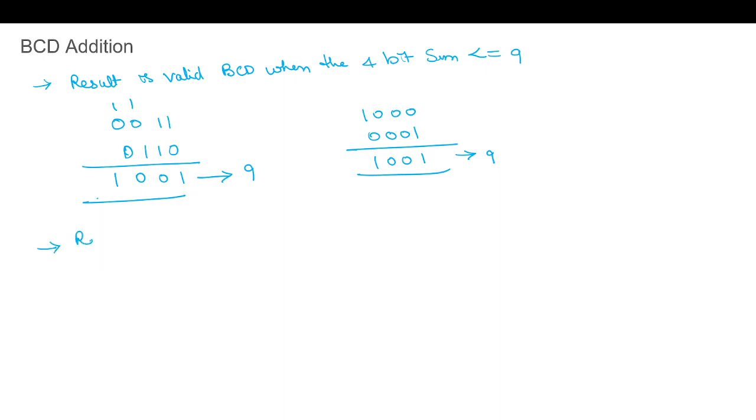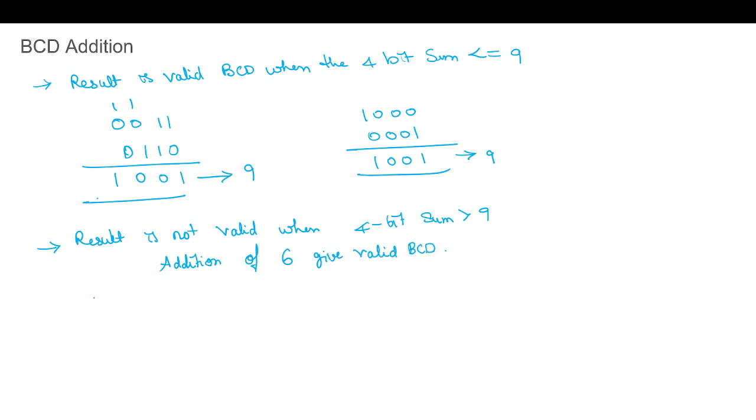But when the result is not valid, when the 4-bit sum is greater than 9, we have to perform an addition of 6 to give a valid BCD number. So 4 plus 8, which is 12, is not a valid BCD number.